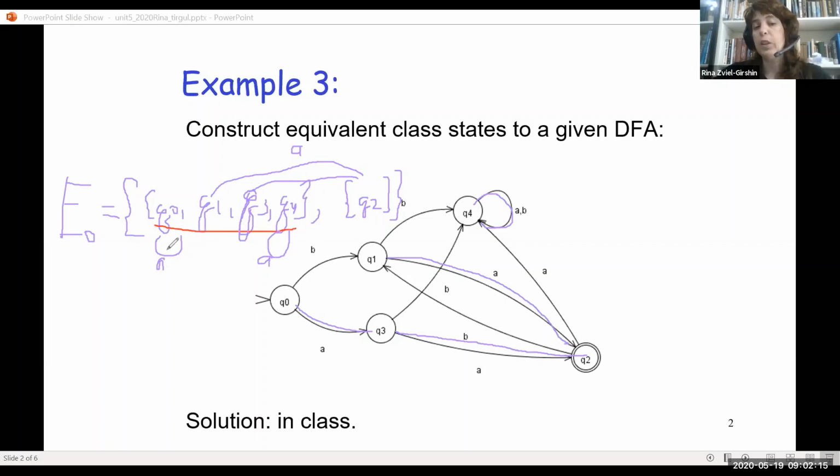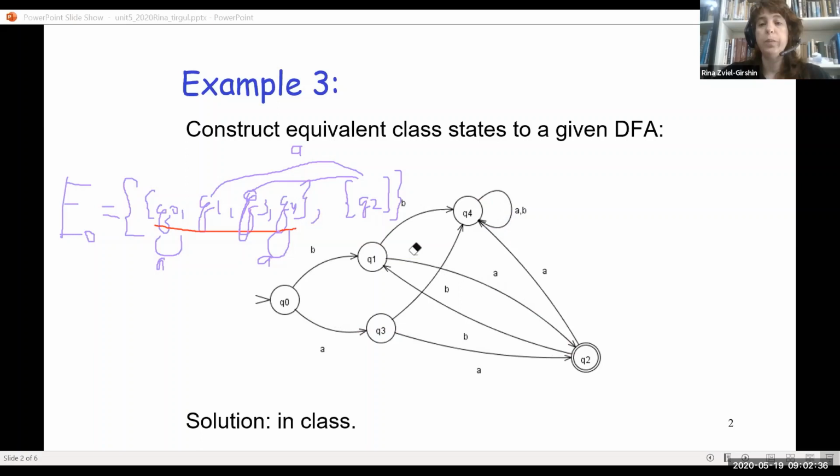Please pay attention, it's not a self loop, it's the same group. So I'm not moving to a different equivalence class. So I would like to check what happens with input B.